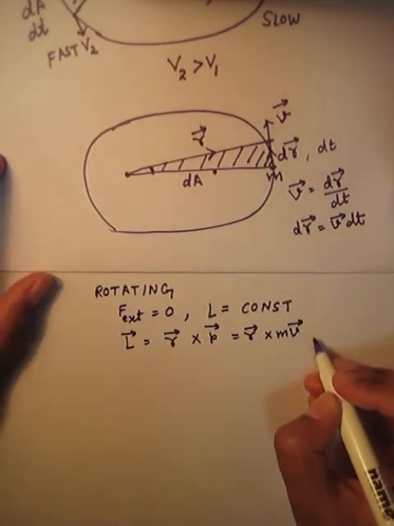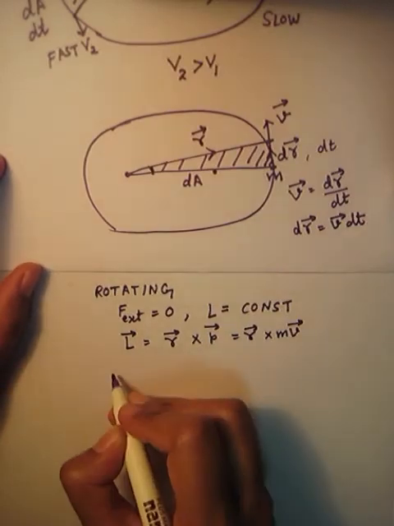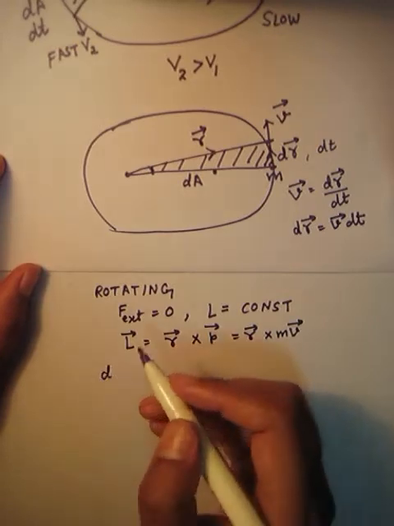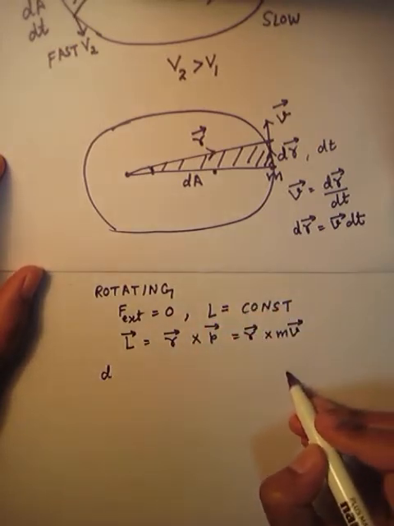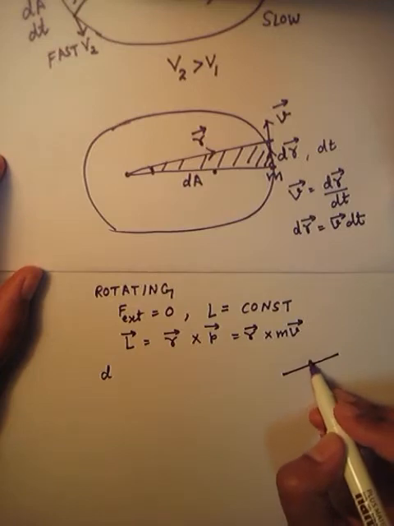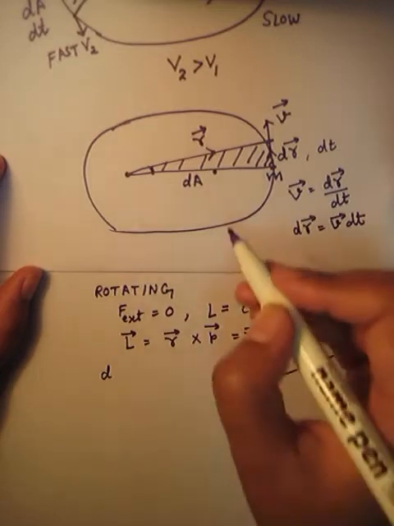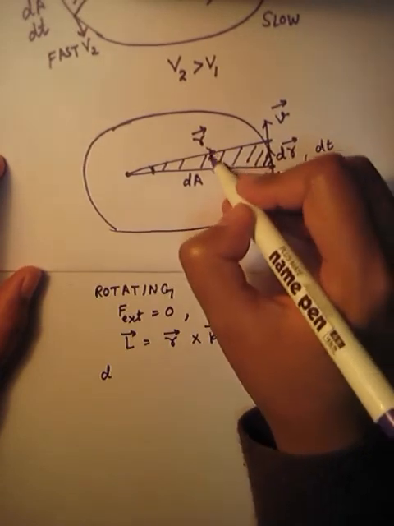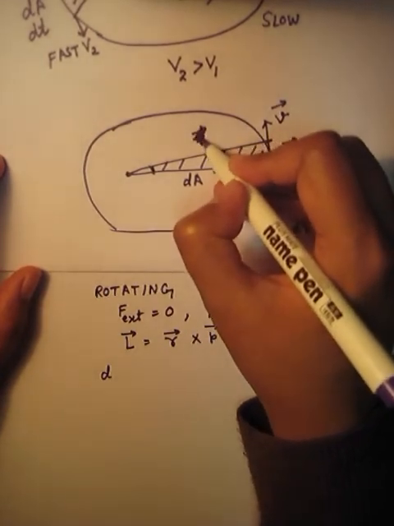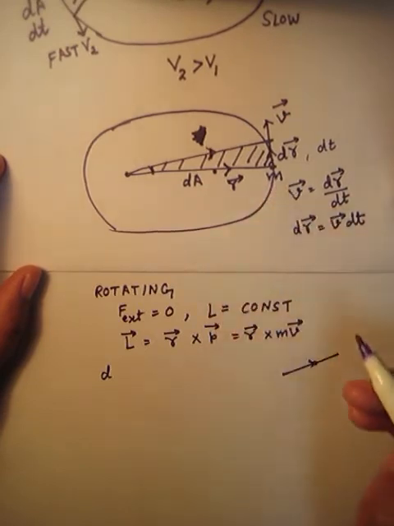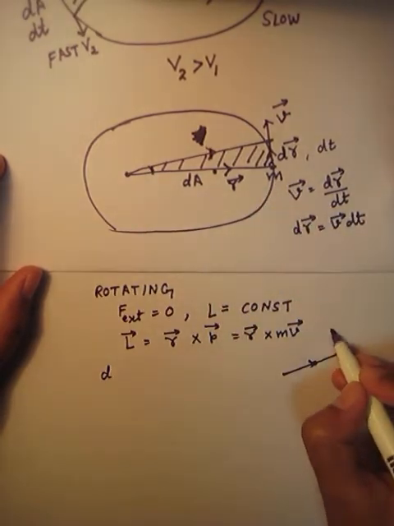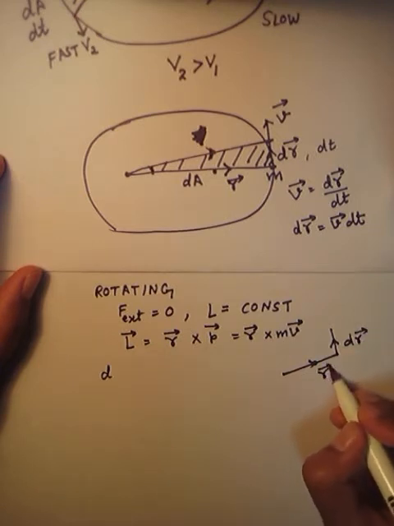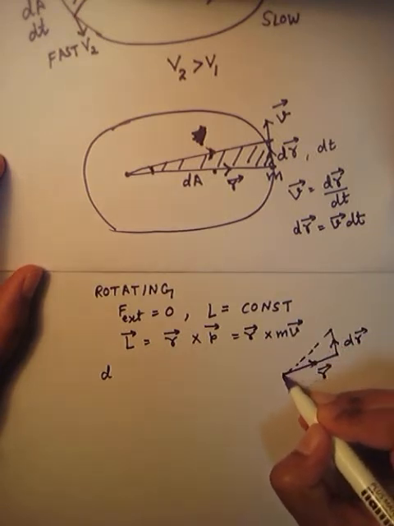Now to find this area: suppose you have one vector, let's say this is the r vector, and another vector, the dr vector, and this is the area we are talking about.